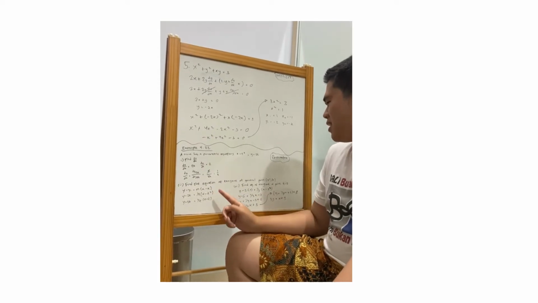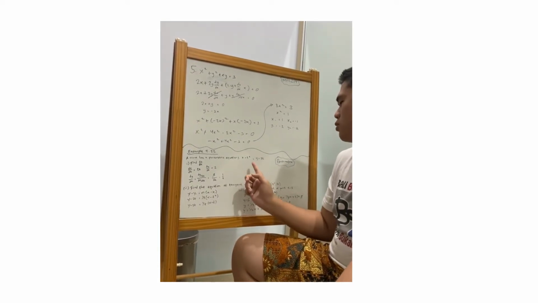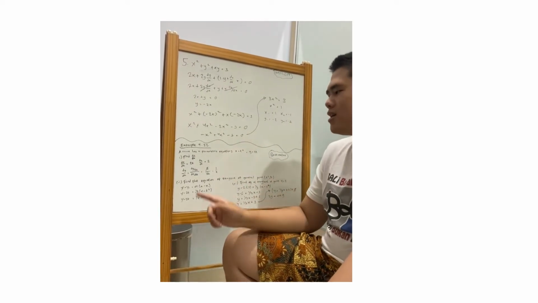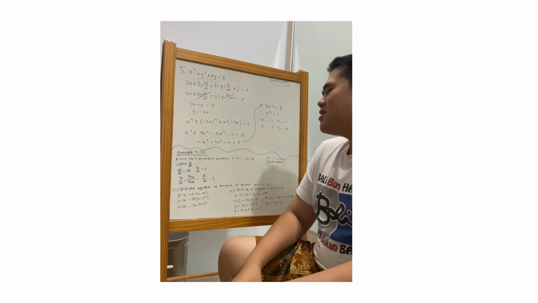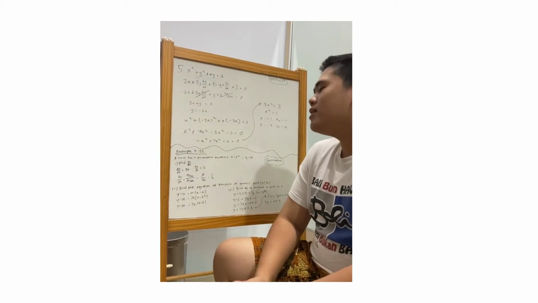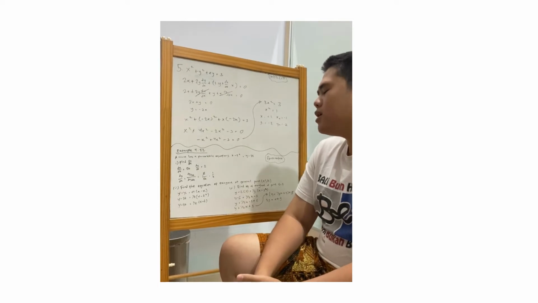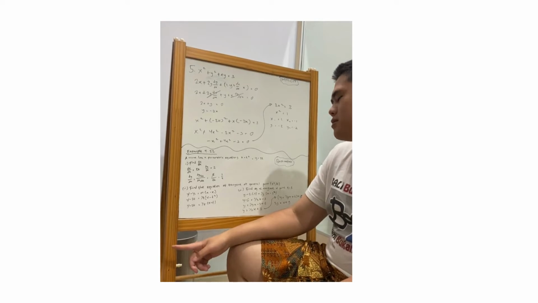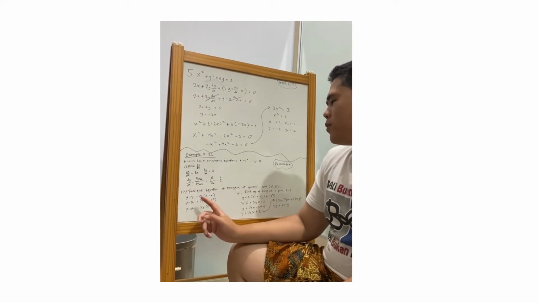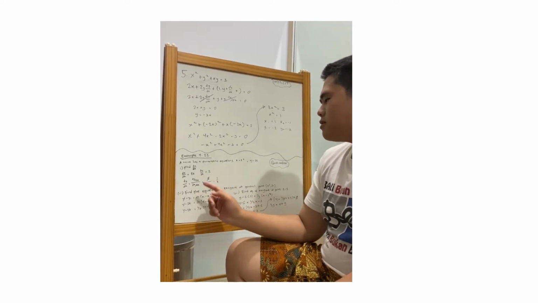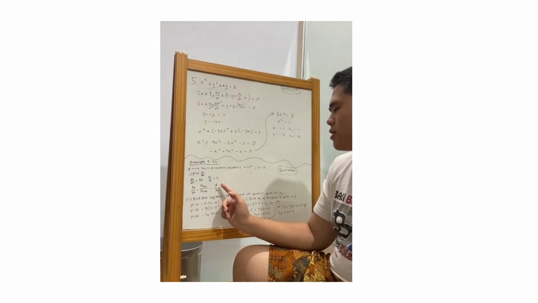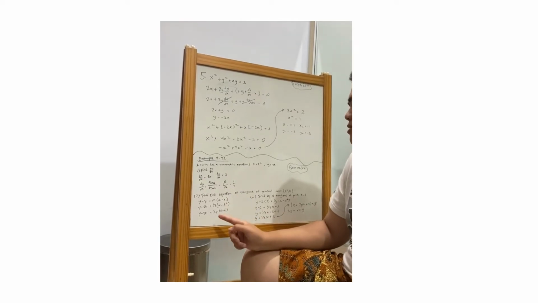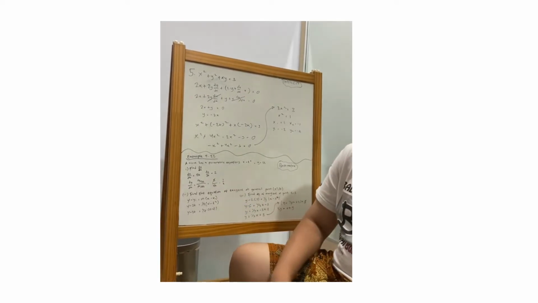For dy over dt, it becomes 2 because there is only one t, so we eliminate the t and it becomes 2 only. So to find dy over dx, we write dy over dt divided by dx over dt. We put the information that we get into the equation.